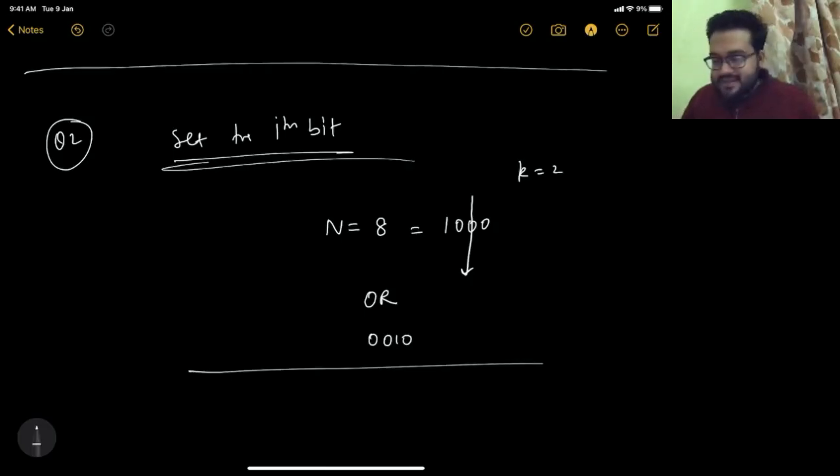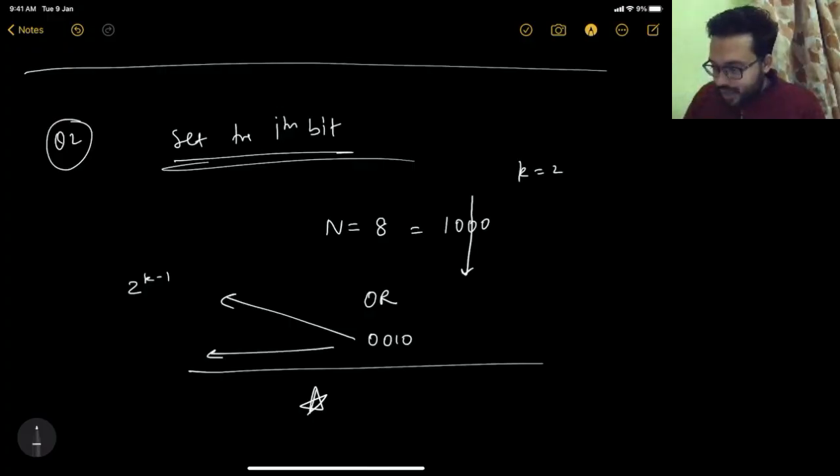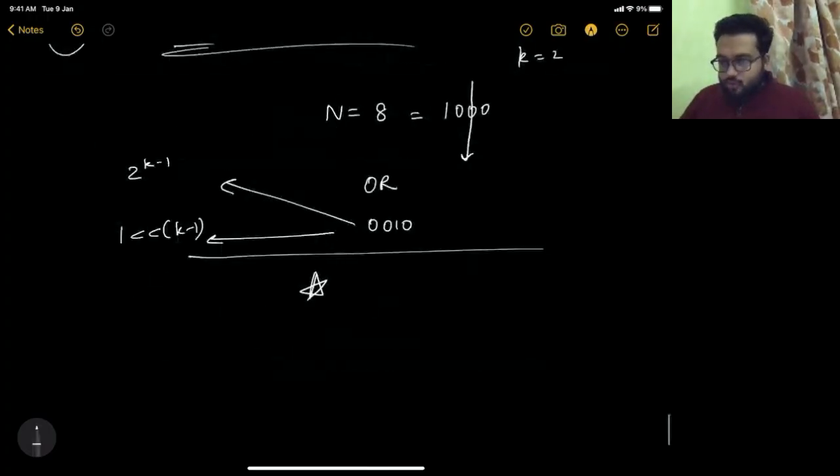How do you arrive at this number? You could have just done 2 power k minus 1, or you could have left shifted your 1 k minus 1 times. So your answer will look like n bitwise OR 2 power k minus 1, or n bitwise OR 1 left shift by k minus 1 times.